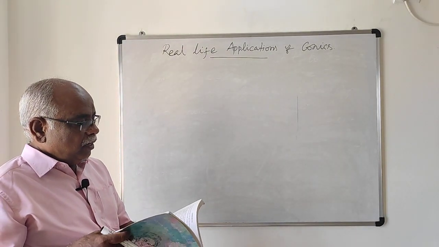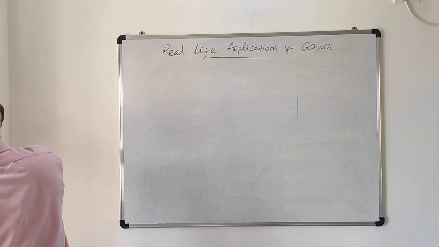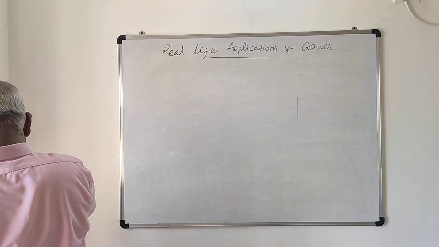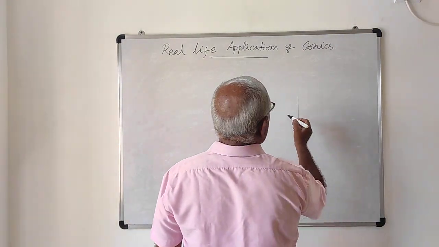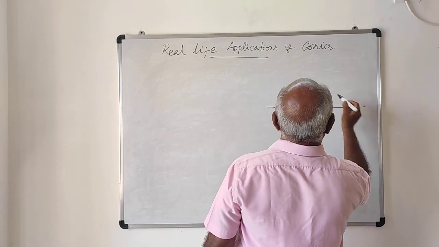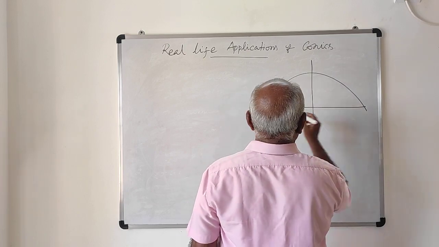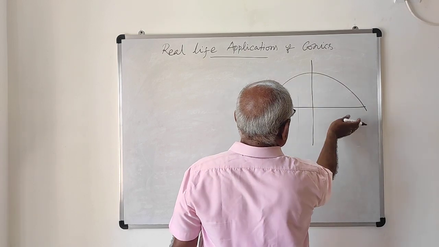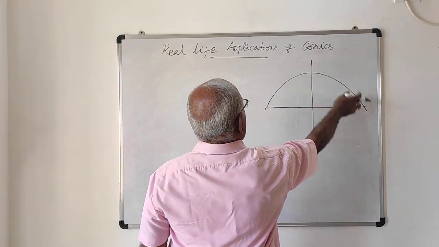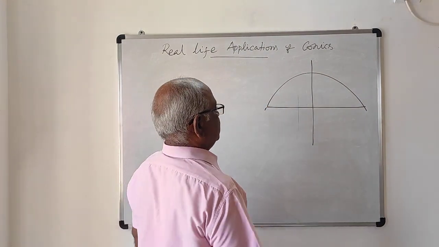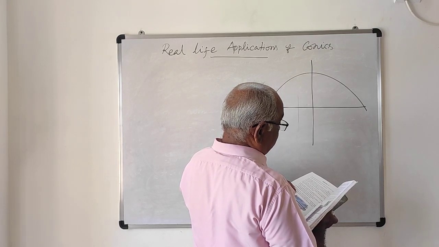Here, the bridge is of the form of a parabolic arc. See, this is the bridge. The bridge is going like that. It's a parabolic form. It is 10 meter high in the center.